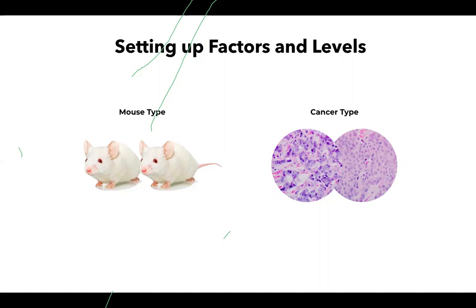One factor is the breast cancer subtype, ER positive or triple negative. Another factor is the mouse PDX model, which is SCID versus athymic nude. So we will name them like this, and we will understand that there are 2 types of factors.